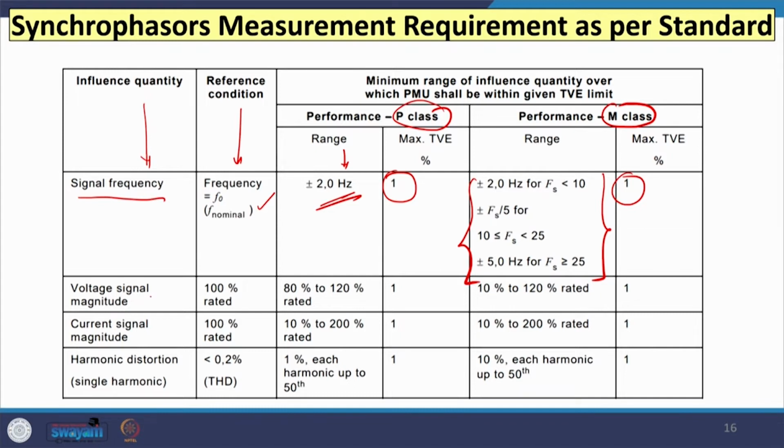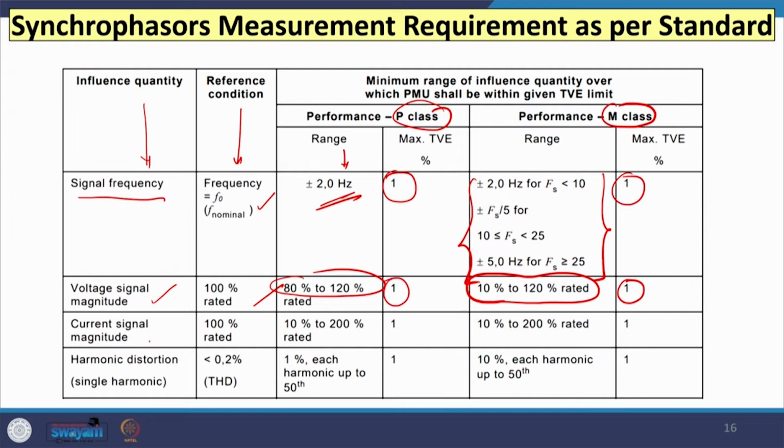If I consider the second point, voltage signal magnitude, then 100% is the rated or nominal value, and the range allowed for 1% total vector error for P class PMU is between 80 to 120% of the rated value, whereas in case of M class PMU the range is from 10% to 120% of the rated value. So, again a wider range of change in voltage is available for measurement class PMU for the same value of total vector error in percentage.